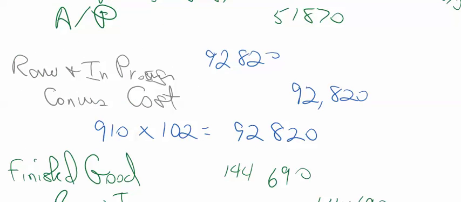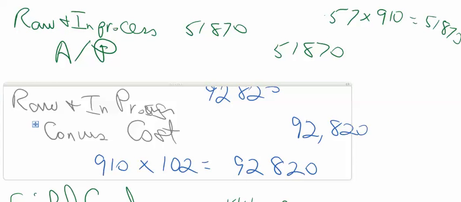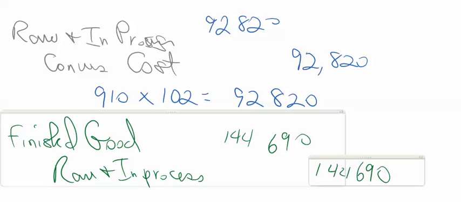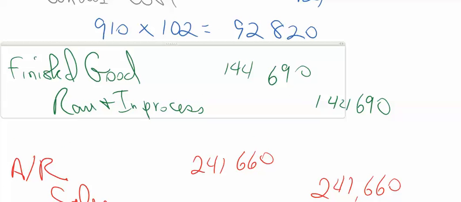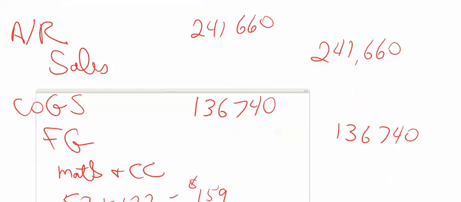So now I have recorded those journal entries. The purchase of my materials, the conversion cost to convert the number of units, 910 converted. I then transferred those to my finished goods, and finally I sold some of those units.